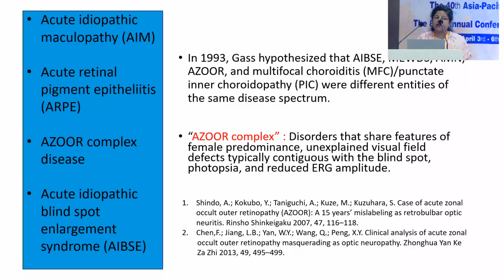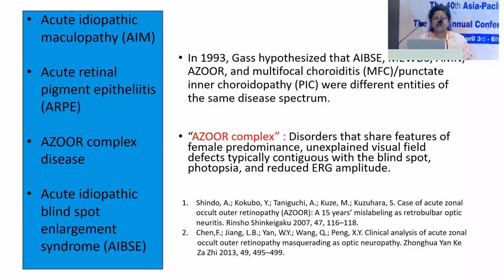I am not going to detail each disease, but they have some very overlapping common features: acute onset scotoma, female preponderance, usually myopic females, and the patient will say there is a central or centrocecal scotoma. So the AZOOR complex is defined by female preponderance, unexplained vision loss, and enlarged blind spot.